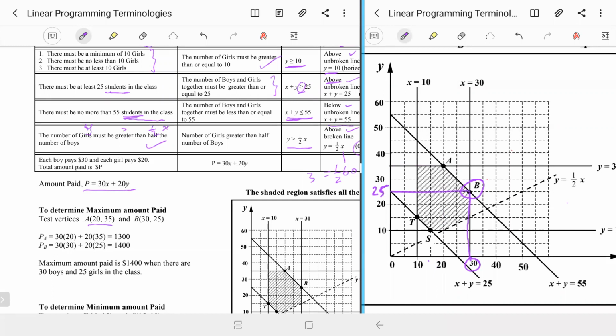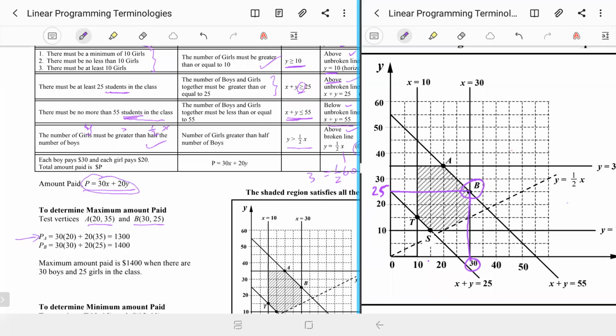See there? B is the point (30, 25). So what this means is that you have 20 boys and 35 girls at this point, and at this point you have 30 boys and 25 girls. And to see which one of them is going to give a higher amount paid, you test them in the formula right here.